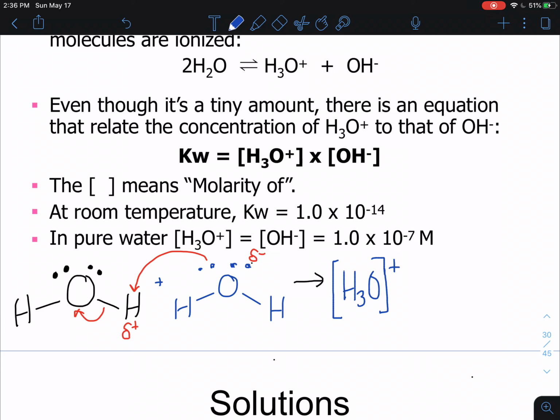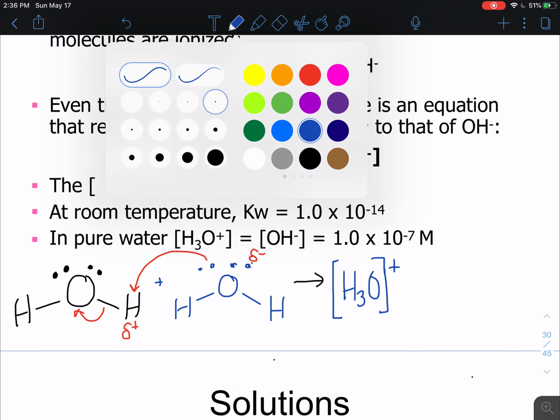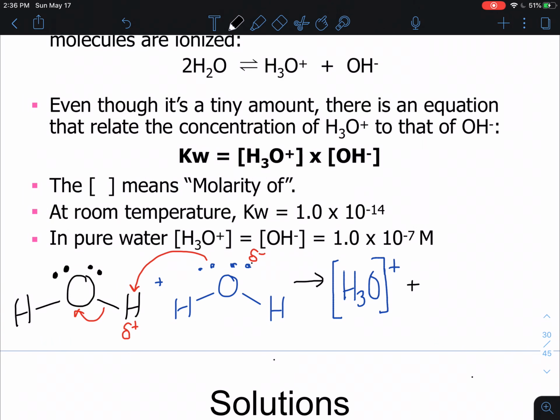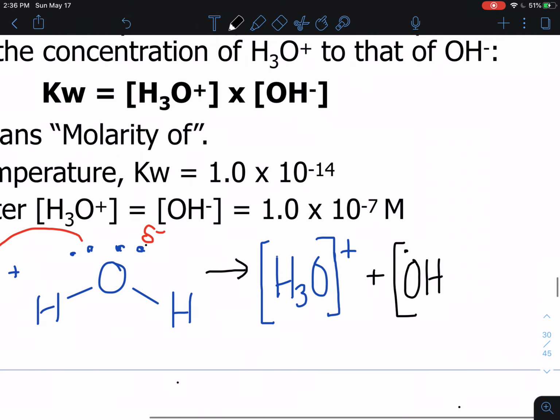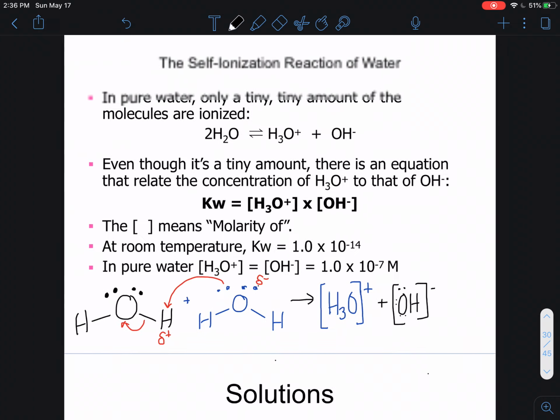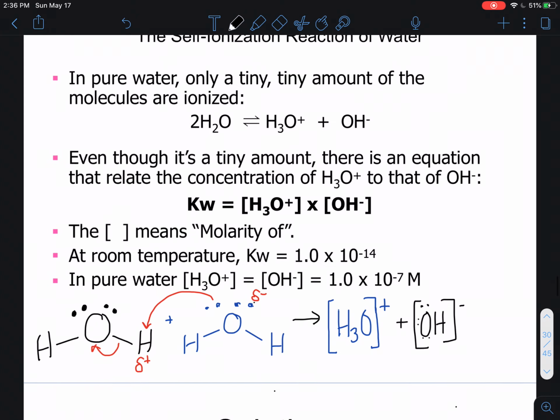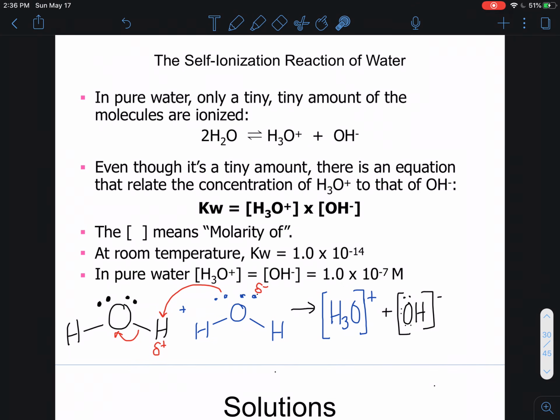Right, the third hydrogen comes from an adjacent water molecule, and then we also end up forming, because this guy over here lost this proton but kept the electrons, OH minus. So basically, in pure water, for every single hydronium ion that is formed, a hydroxide ion is also formed.